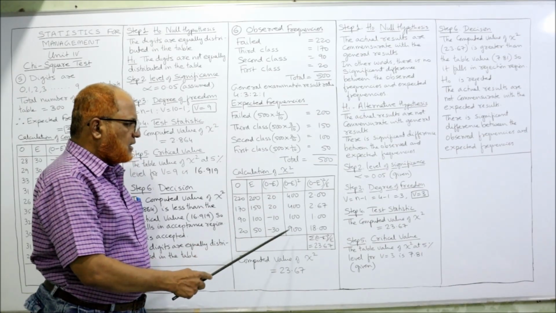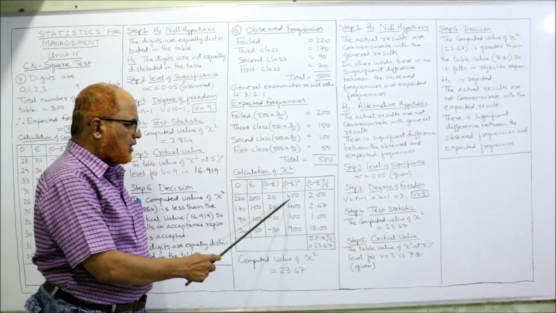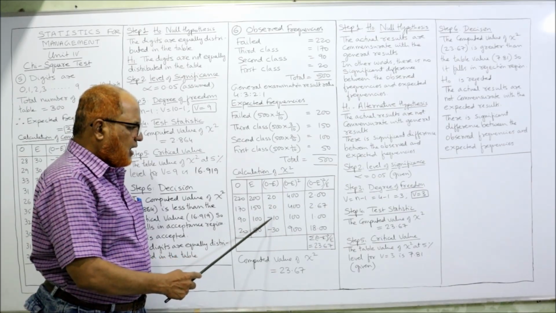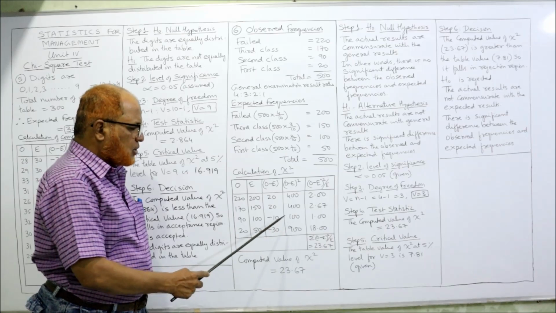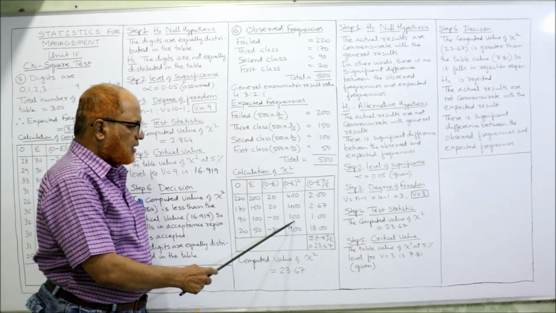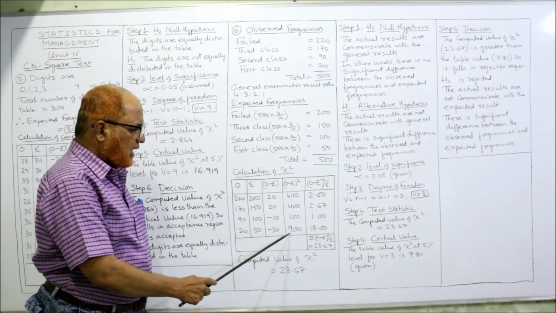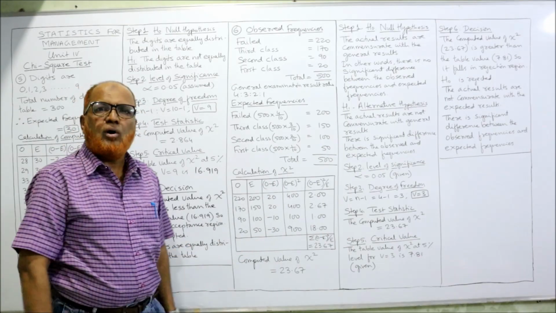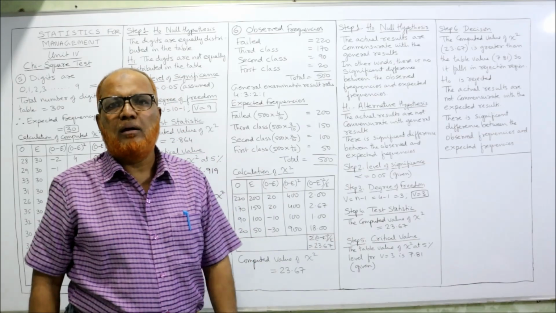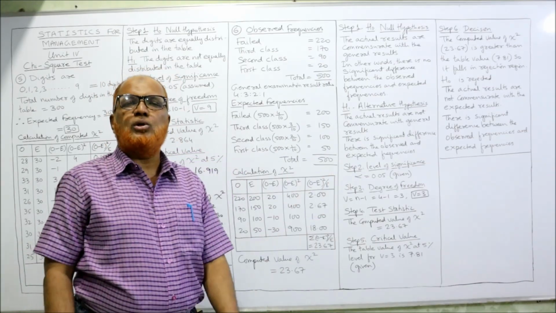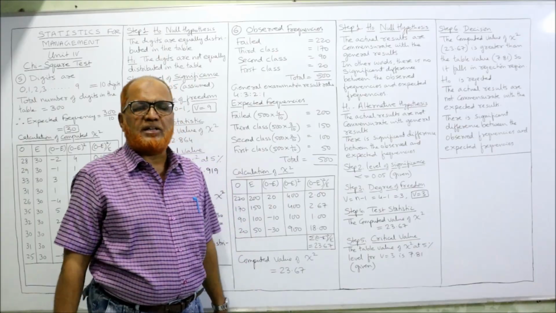Square this O minus E. 20 into 20, 400. 20 into 20, 400. 10 into 10 is 100, minus into minus will become plus. Here also 30 into 30, 900. Now we got O minus E whole square. Now divide this O minus E whole square by E, the expected frequency.